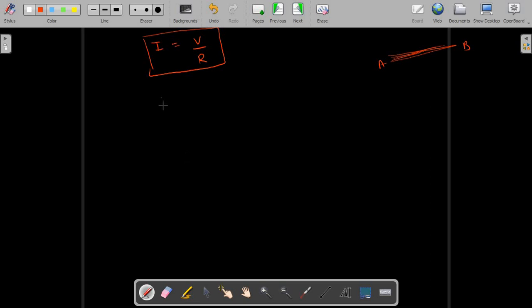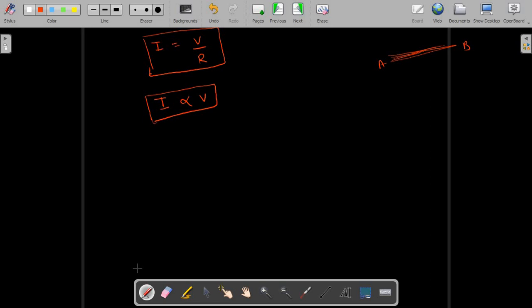So can we write I is proportional to V, with 1 by R as the constant? We cannot make the diagram of V proportional to I because it is not found so.